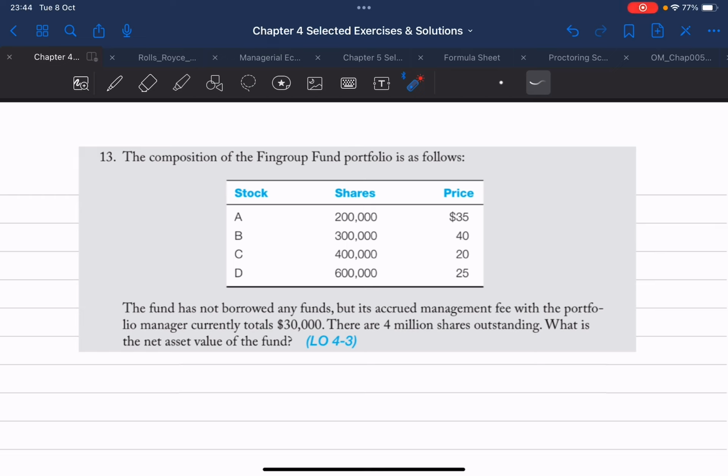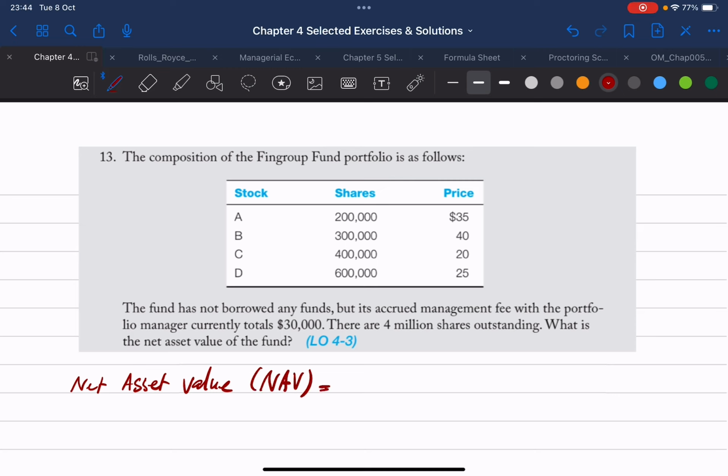So here, pretty much all the details given in the question are important. If we go back to the net asset value formula, we will see that net asset value, or NAV as it's usually called for short, equals the market value of the assets within the fund, market value of assets, minus the market value of liabilities.